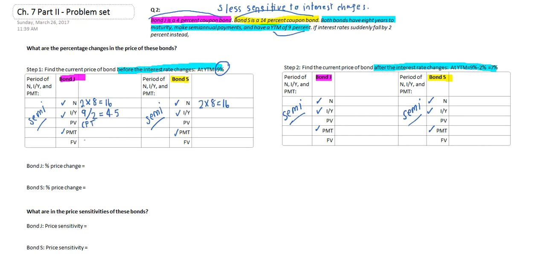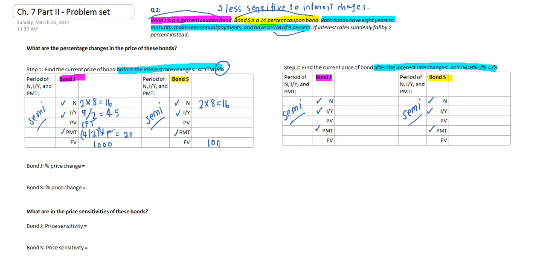And payment will be the coupon payment that you receive every 6 months, which for bond J is 4% divided by 2, times par, which is 1,000, so we get $20. And FV will be 1,000, which is the redemption price, the par value of the bond.